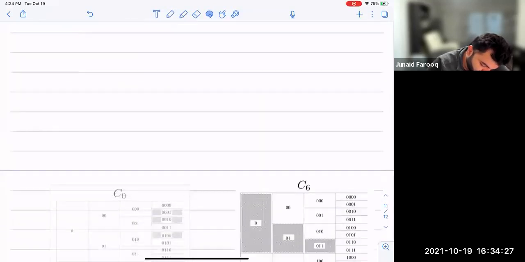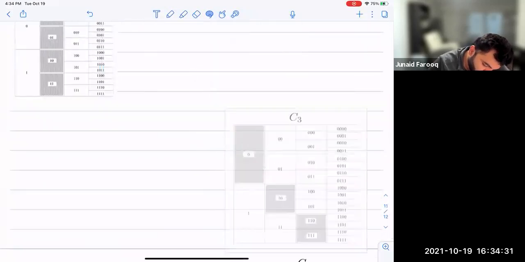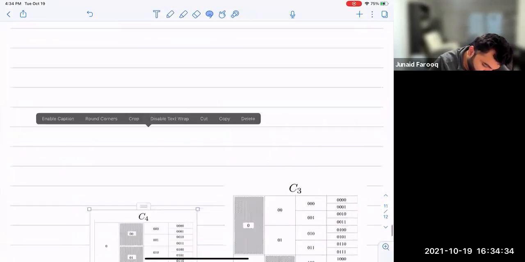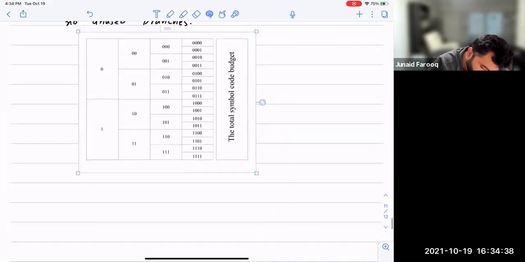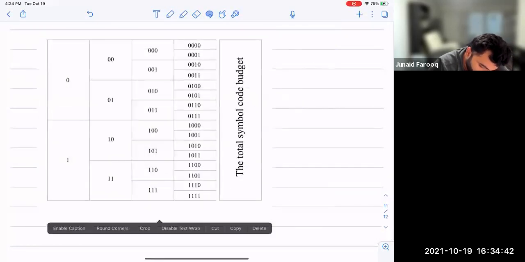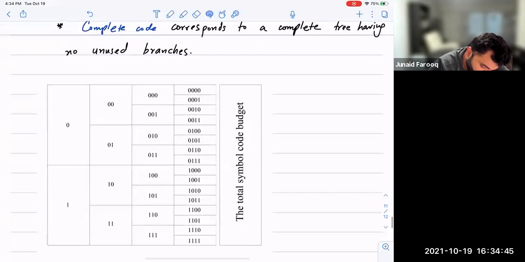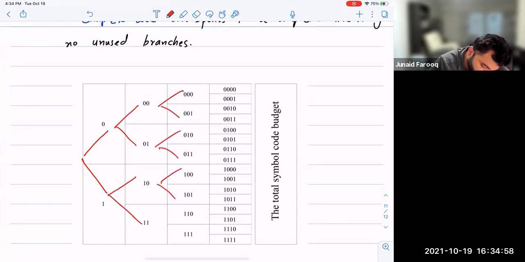Essentially, this diagram is a tree drawn in the form of a table. The first half is 0, and then there is 1, and then out of this you get 0 0 and 0 1, right? And so on.